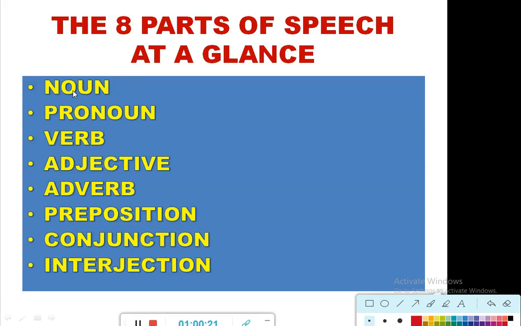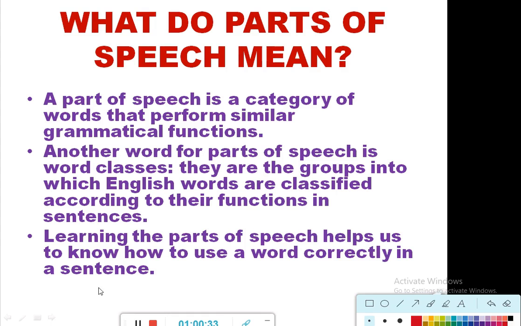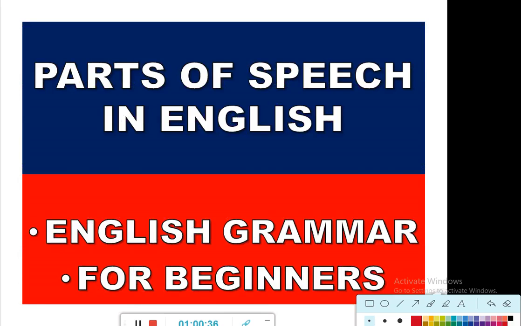For a quick recap, we looked at the noun, the pronoun, the verb, the adjective, the adverb, the preposition, the conjunction, and the interjection. Now, in our next video or videos, we shall be discussing the parts of speech one after the other. In fact, each part of speech is very vast in itself, so much so that we may need to talk about them in about 2 or 3 videos.